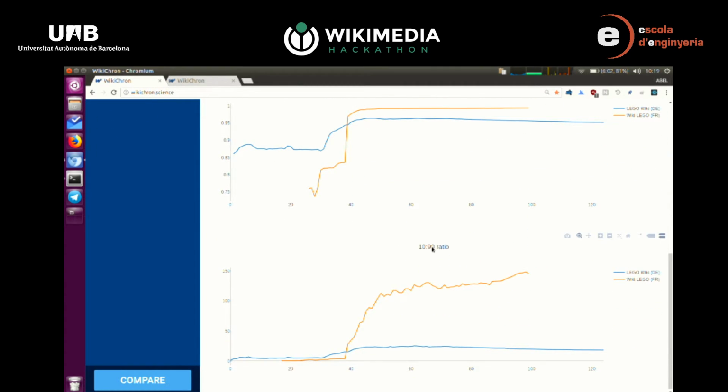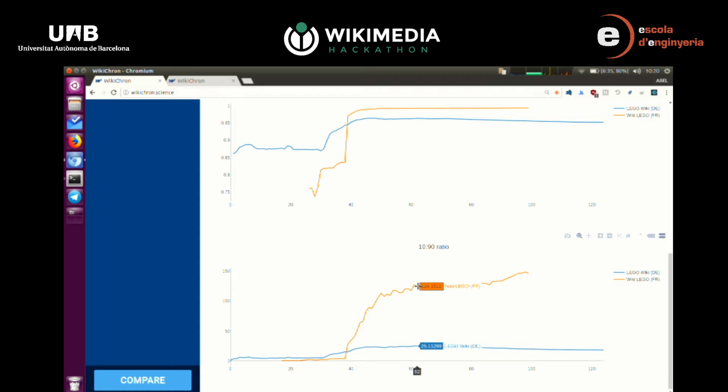And well, it's clear if we see this metric, the 10 to 90 ratio, because it means that here we have 120 times more work made by the top 10% contributors than the remaining 90%.